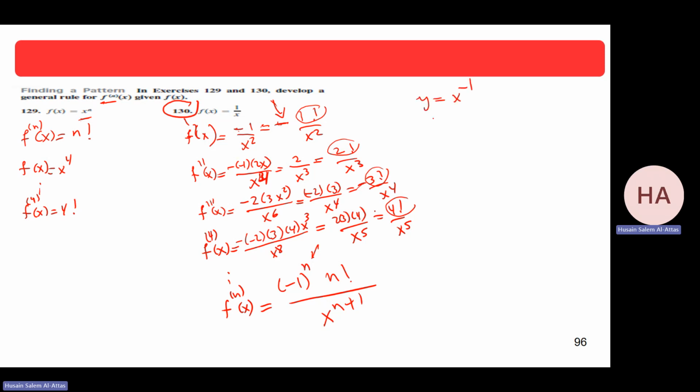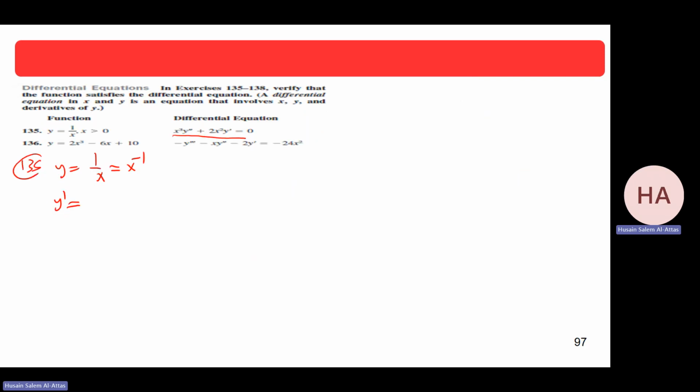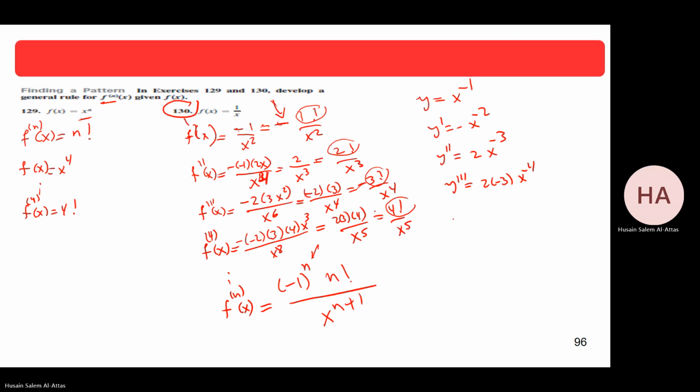Y equal x to the minus 1, y prime minus x to the minus 2, y double prime 2x to the power minus 3, y triple prime minus 3 times 2 x to the power minus 4, y fourth derivative equal to 4 times 3 times 2 x to the power minus 5. So this will be easier than doing all of this.